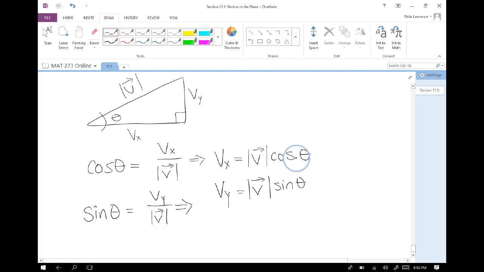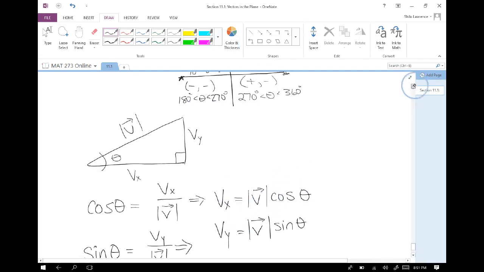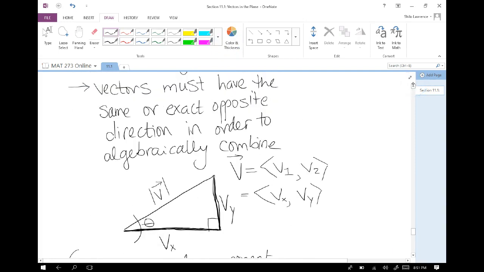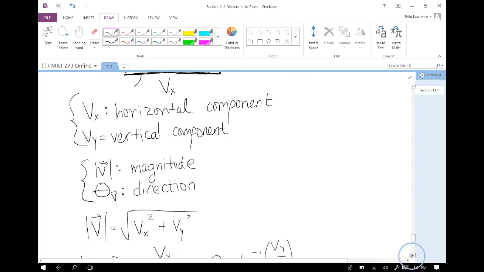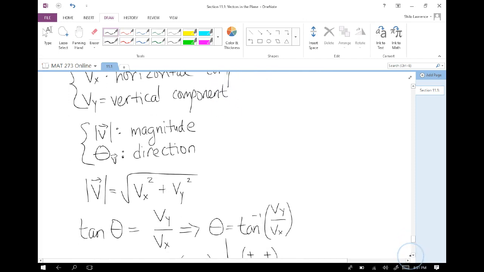So this is how we can use magnitude and direction to get components. And with the formulas earlier, we could use components to get magnitude and direction, with our Pythagorean theorem and our tan inverse.